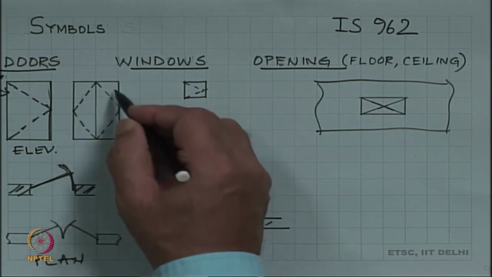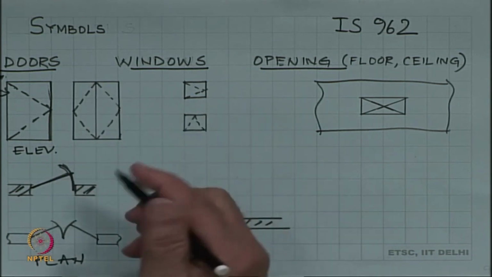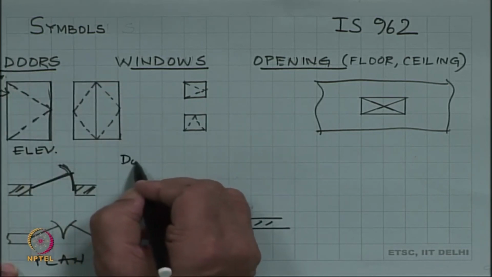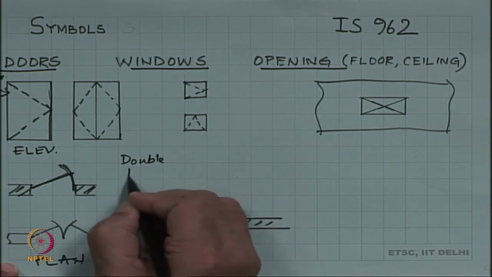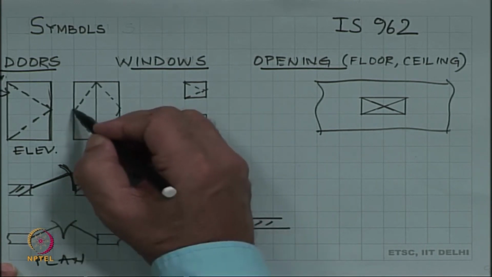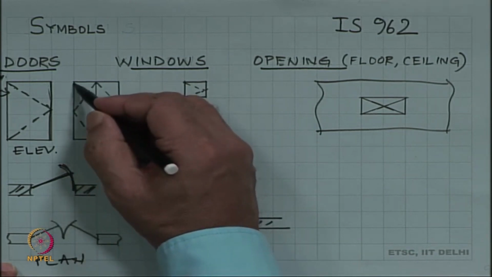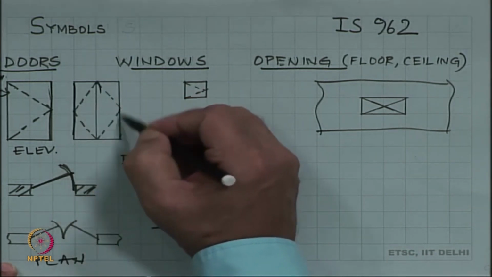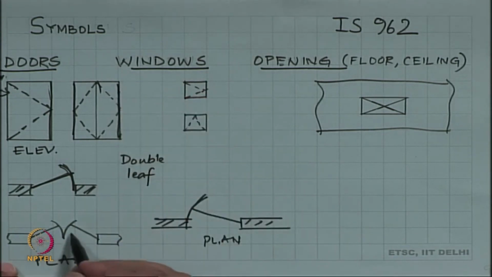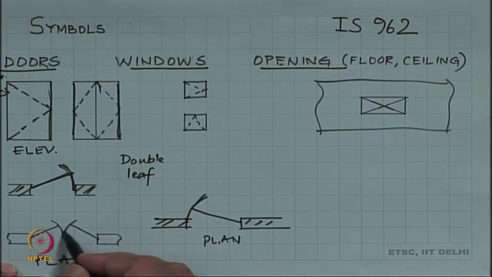If there are two leaves of the door, so this is called a single leaf, this is the double leaf. That means, this half of the door hinges over here, this half of the door hinges along here, and so in the plan view this is how it will look, that this door is opening on this side, this door opens on that side, it could open both sides, that is possible.